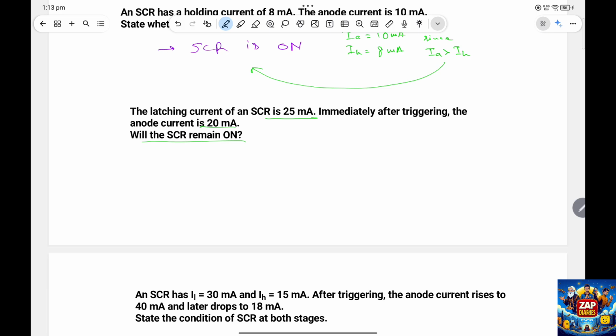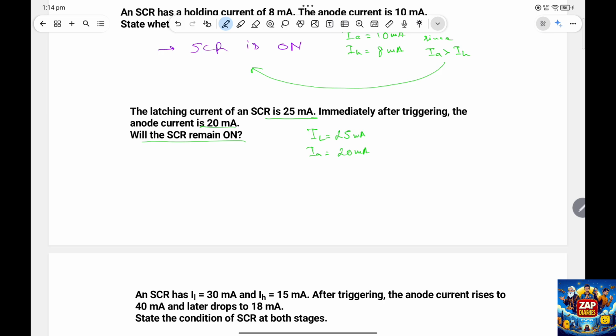I'll show you how. So we have the latching current IL, that is 25 milliamps, and immediately after triggering, or say turning it on, the anode current becomes 20 milliamps.